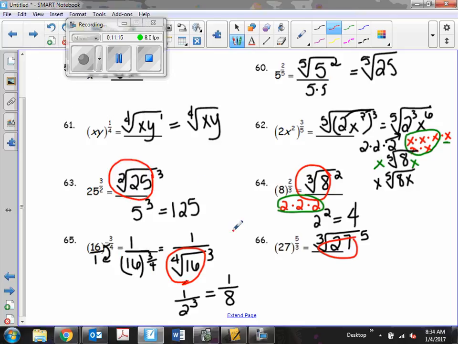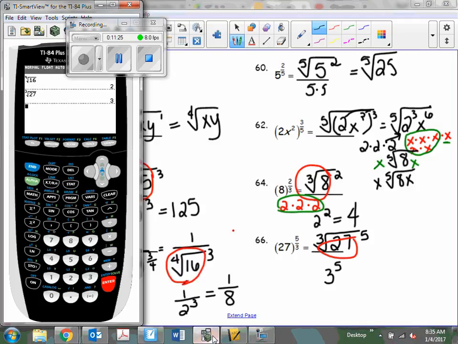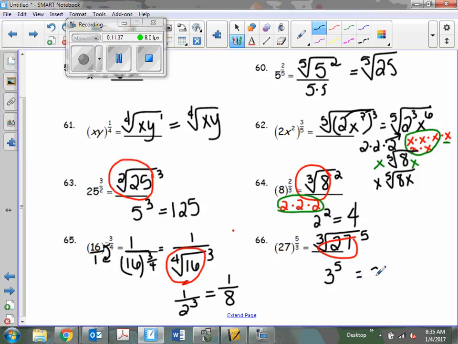So I would end up having that 3, and then now it's raised to the 5th power. Well, that's saying 3 times 3 times 3 times 3 times 3, or in your calculator, you could just enter 3 to the 5th power. And then that'll end up giving your answer of 243.